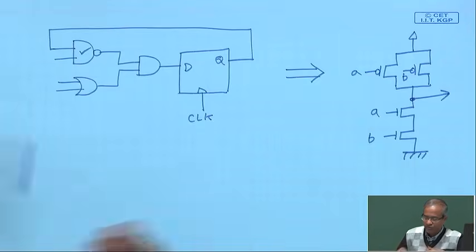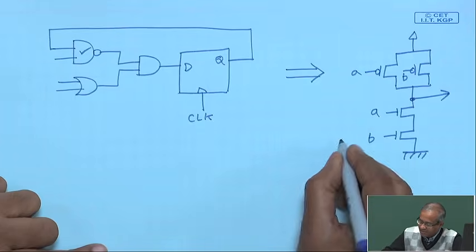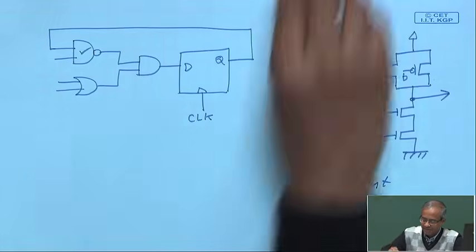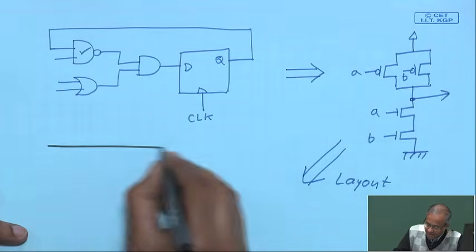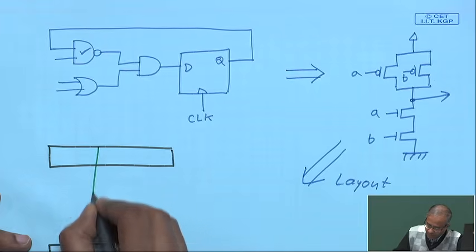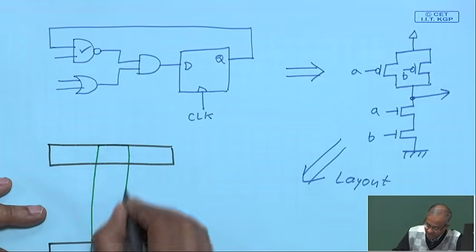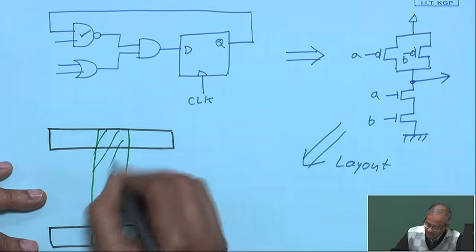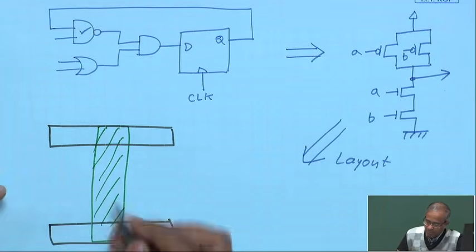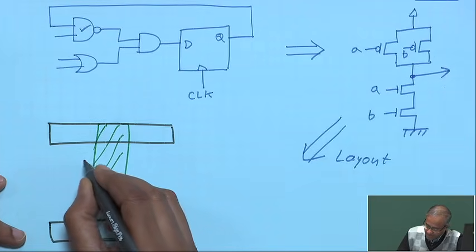And at the end, when you translate this into layout, then you can have something like this. You can have metal layers, 2 metal layers, then you can have some diffusion layers, then you can have some polysilicon layers like this.